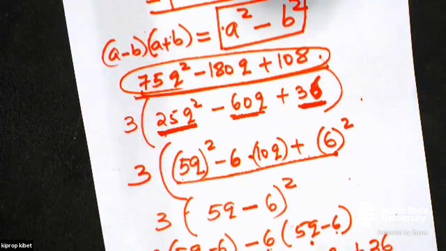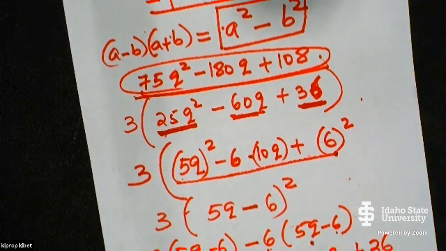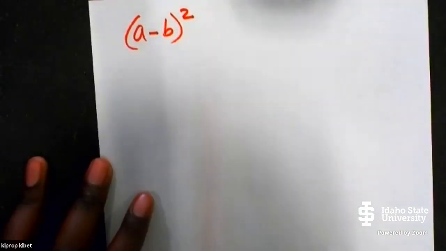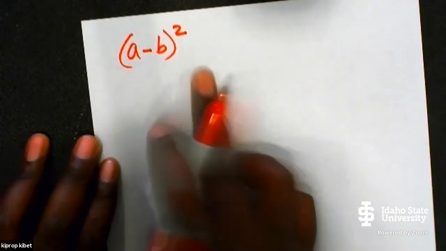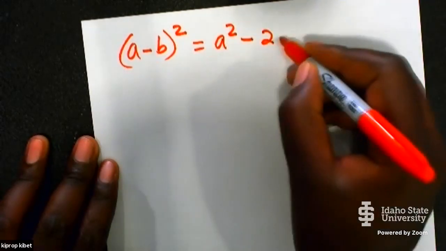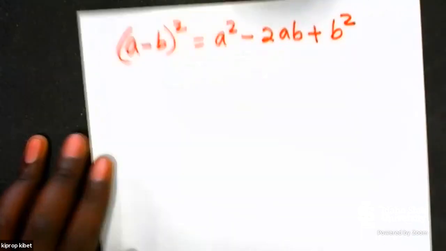So our other perfect square is this: A minus B squared. So A minus B squared is the same as A squared minus 2AB plus B squared.